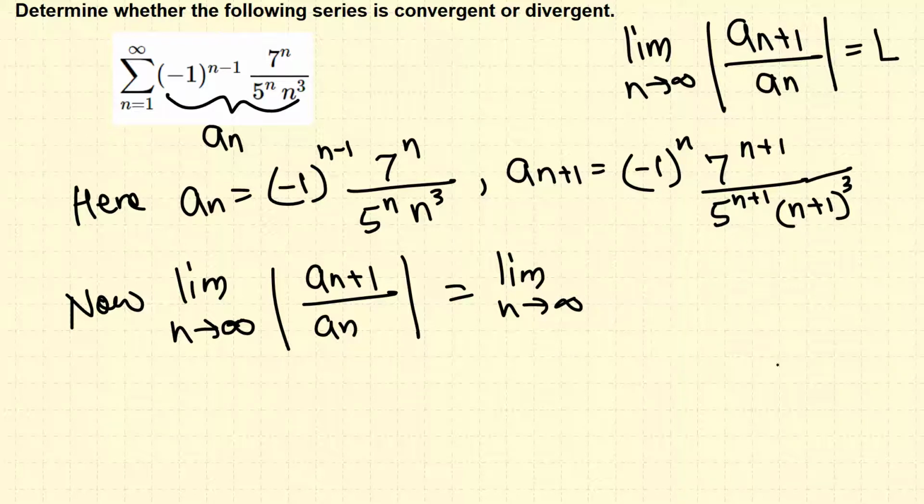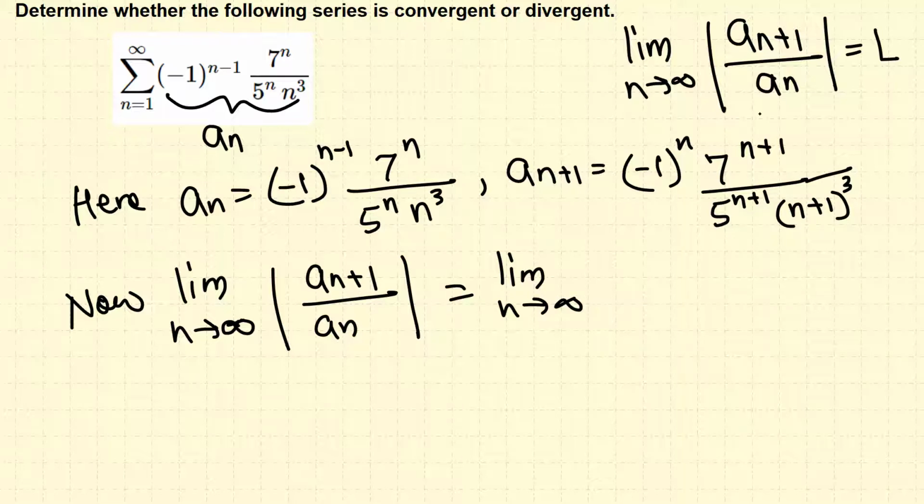When we take the absolute value, this is always going to be positive 1, and 1 times whatever this is is just that. So I don't even have to write this, and the same thing here. I'm not going to write the absolute value. That just takes care of the -1 to the n and -1 to the n minus 1.